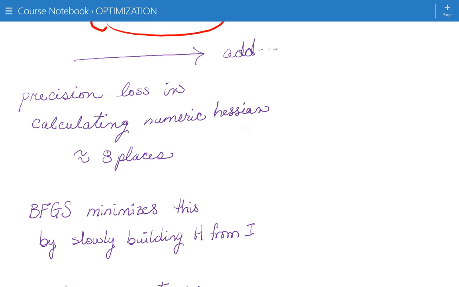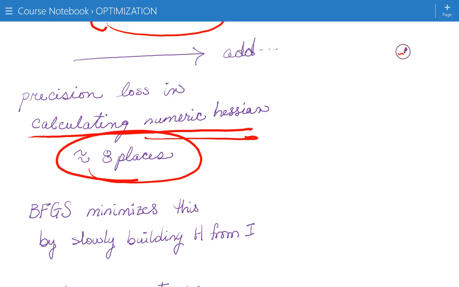So this is a problem. Now, in calculating the numeric Hessian, where again the numeric Hessian is kind of the numeric derivative of the numeric derivatives, you tend to lose approximately 8 places. So in a 16-digit machine, essentially half of them are gone in terms of precision.